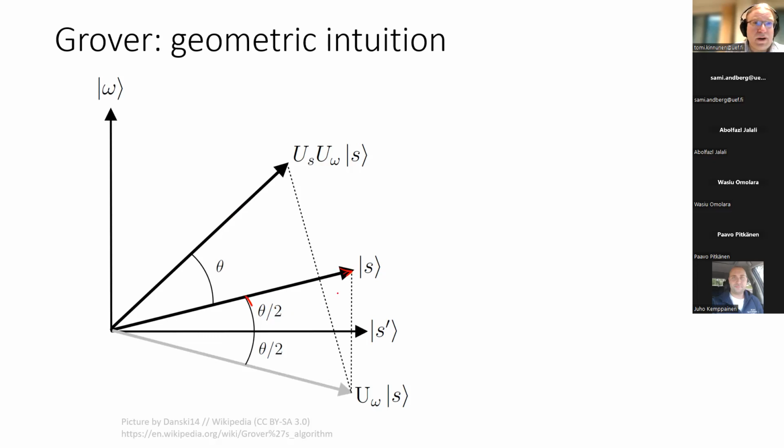Suppose that this is your original state here. It's going to do some rotation like that, and then after the reflection by the mean, the second step, it's going to move to here. And then you continue from here with a similar process, similar to what happened with respect to this axis.